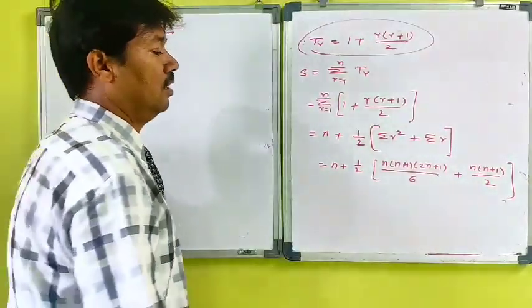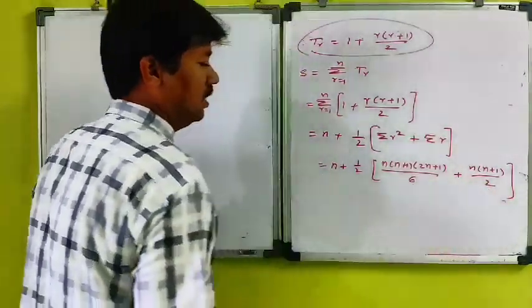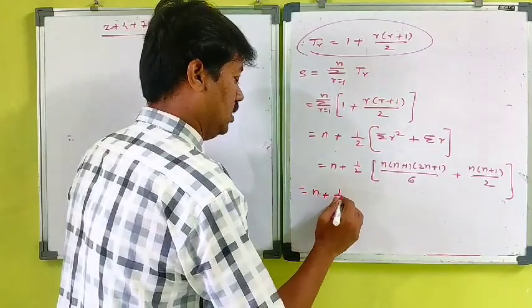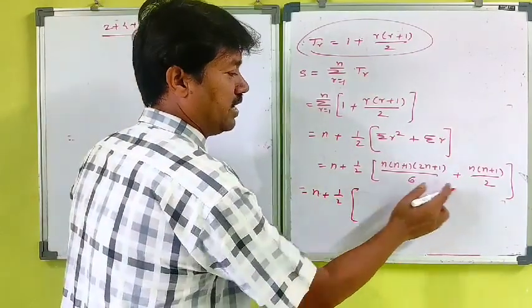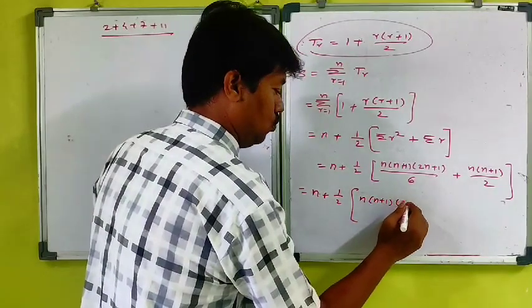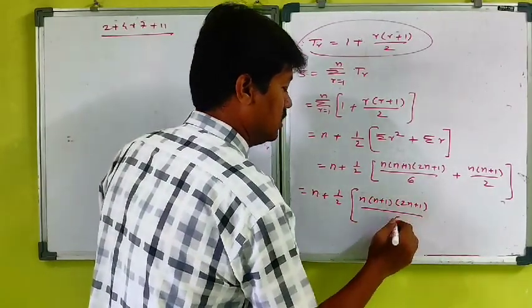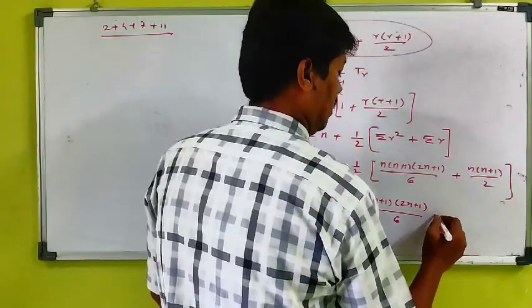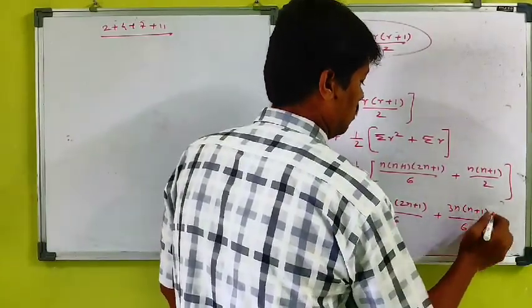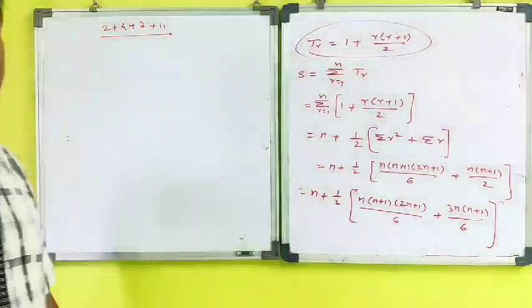So now take the LCM, make the denominator of both sides the same. So n as it is, 1 upon 2. 6 is there, so you have to multiply this with 3. n plus 1 upon 6 for the first, and here you have to multiply with 3, so it is 3n plus 3, to make the denominator the same.